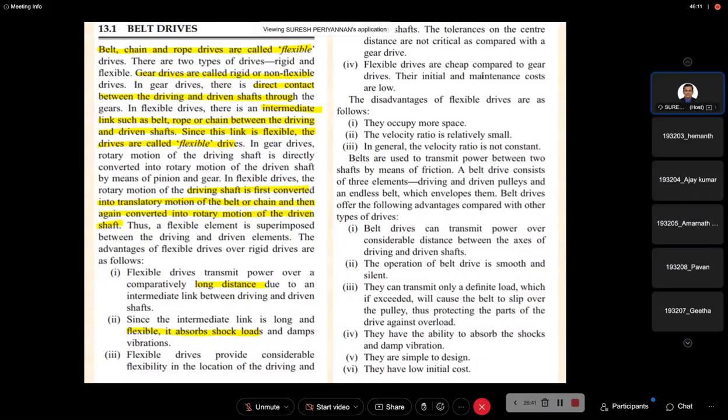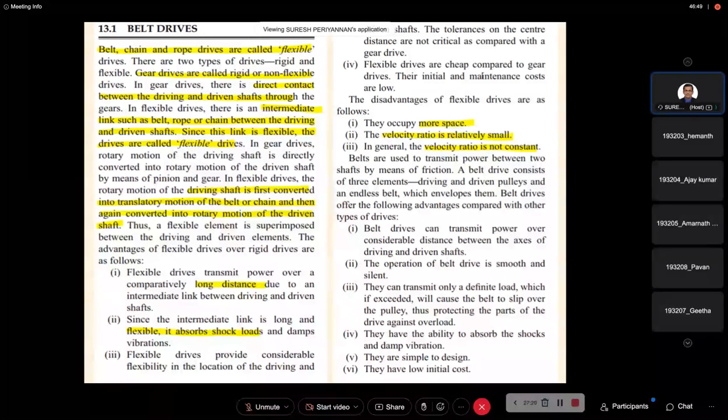It also requires more space, and the velocity ratio is relatively small compared to a rigid gear mechanism. The velocity ratio is not constant, due to vibration of the belt and slip effect.